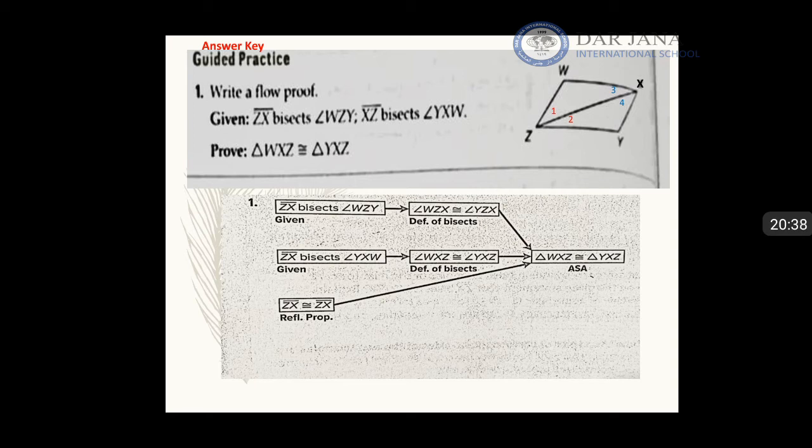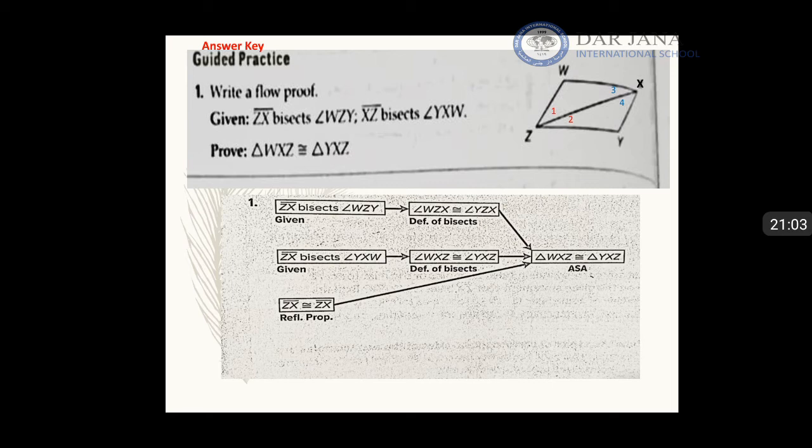Also we have XZ bisects YXW. It means that XZ cuts YXW into two equal angles, referred to in the figure as angle 3 and angle 4. So since XZ is the bisector of YXW, angle 3 is congruent to angle 4.